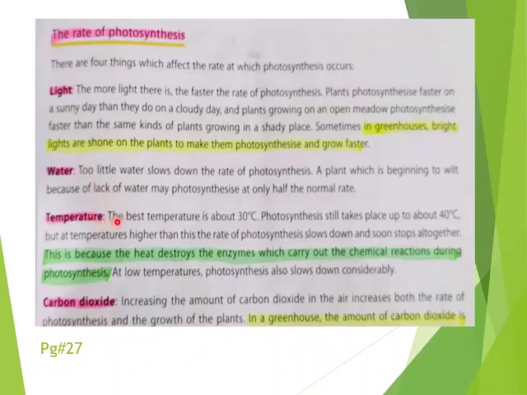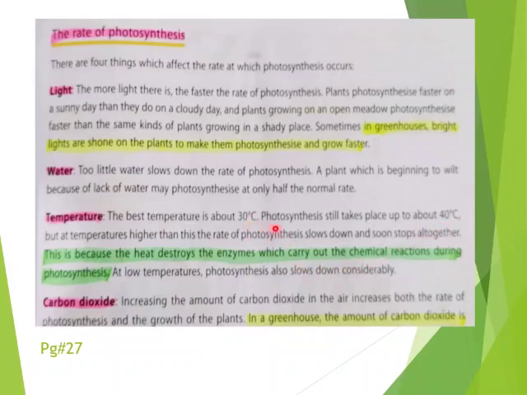Now, temperature. The best temperature is 30 degrees. If the temperature is normal, photosynthesis will be best. But if the temperature is very cold, photosynthesis will slow down. In the same way, if the temperature is too high, photosynthesis will stop.